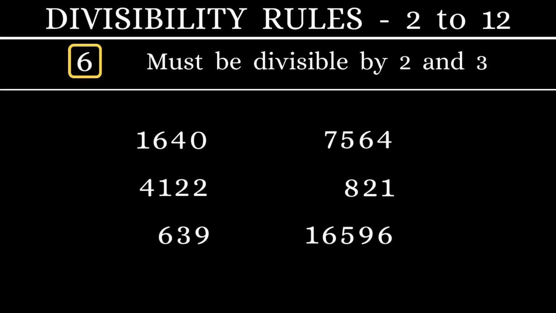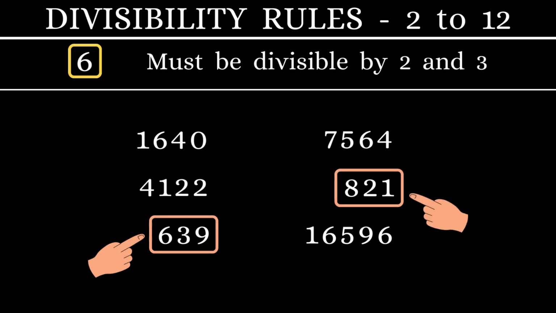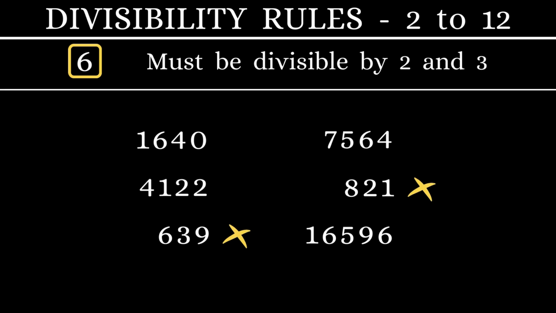We know that the numbers ending with an odd number cannot be divisible by 2. So, 639 and 821 are not divisible by 2 and hence they cannot be divisible by 6 as well.